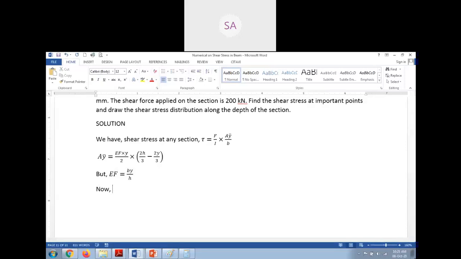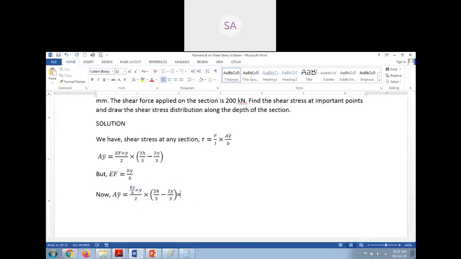Now Ay bar is equal to EF, which is By by H, into Y into 2H by 3 minus 2Y by 3, right? Now this 2 by 3 I can take as common. So it will be 2 by 3 into H minus Y, right?